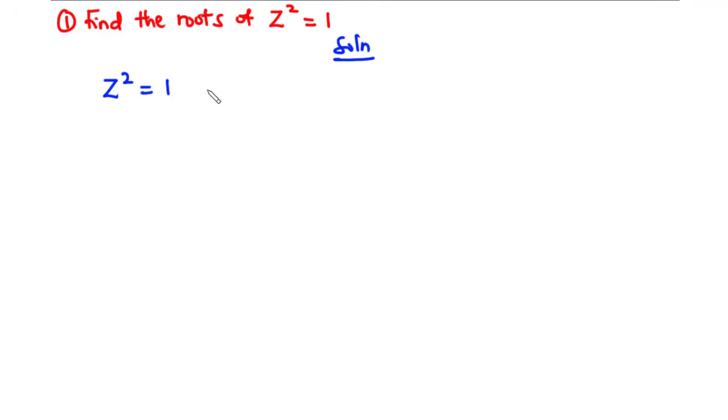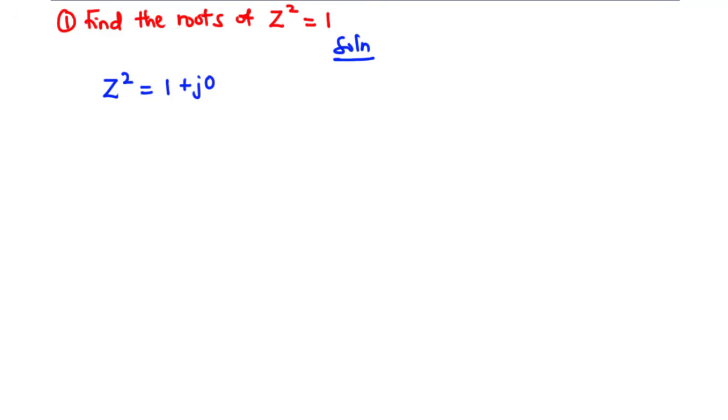So we can express this as 1 plus j0. Similarly, from this equation, we can express this as z squared minus 1 equals 0. Now this tells us how many roots we are going to obtain. So since we have z to the power 2, we are going to obtain 2 roots or 2 solutions.